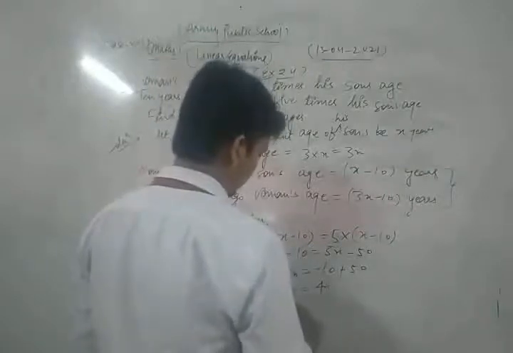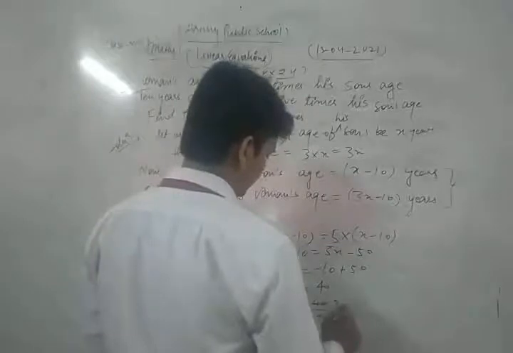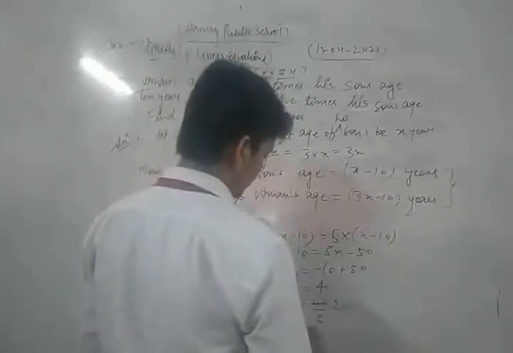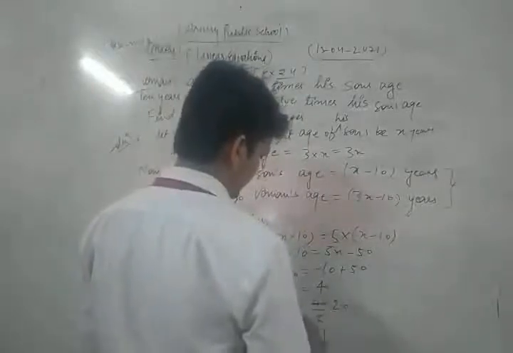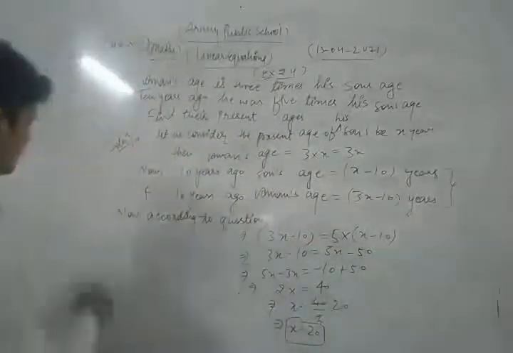Thus the value of x is 40 upon 2, which is 20. In this way, the value of x is 20.